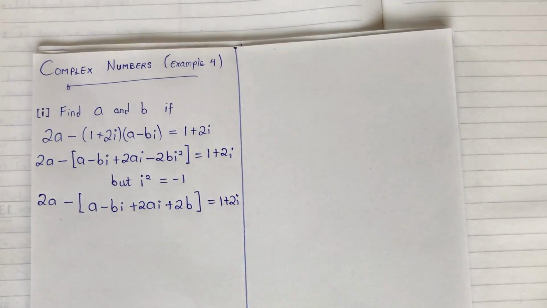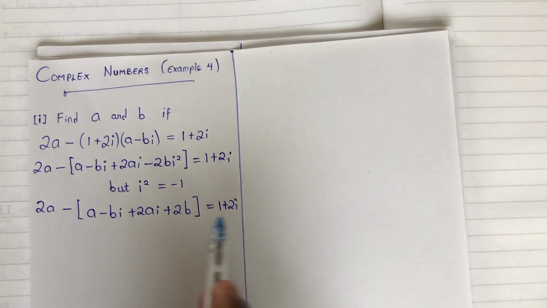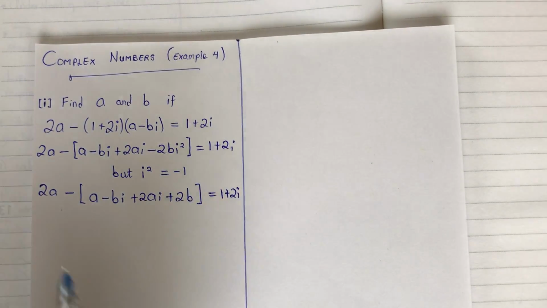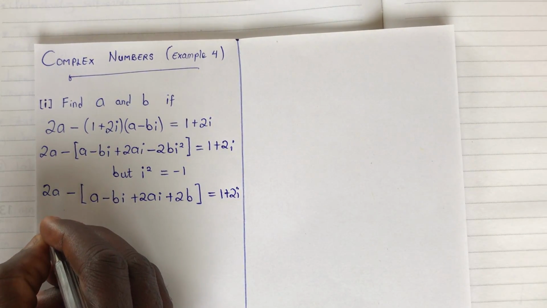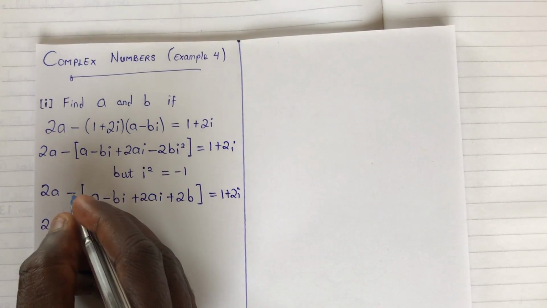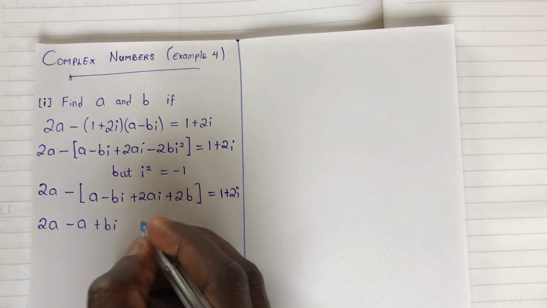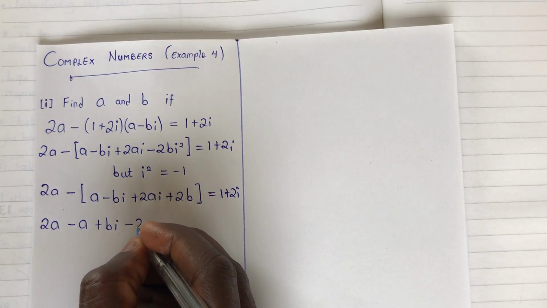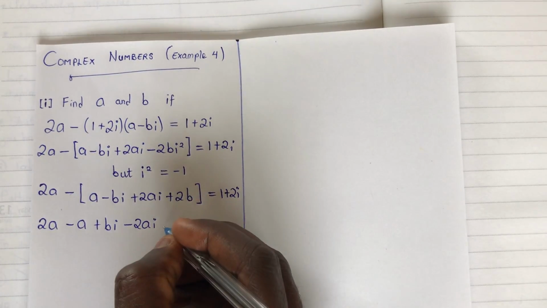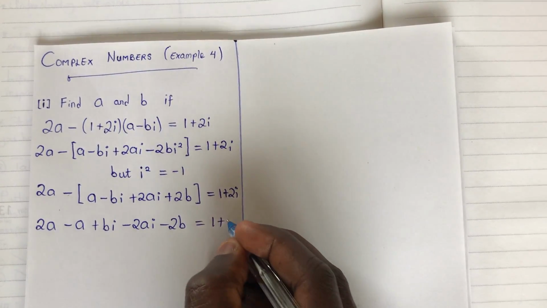Then we remove the bracket by using this negative to expand. This negative affects everything in the bracket, so we have 2a, this time minus a, this time plus bi, and this time minus 2ai, and then minus 2b, being equal to 1 plus 2i.